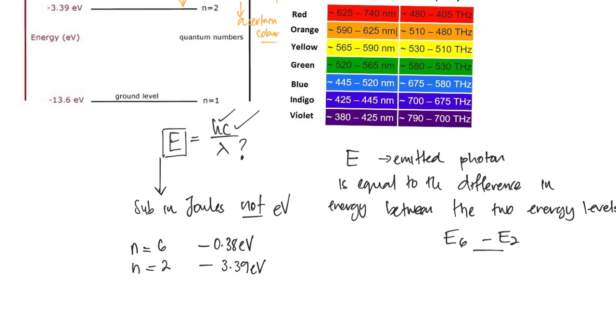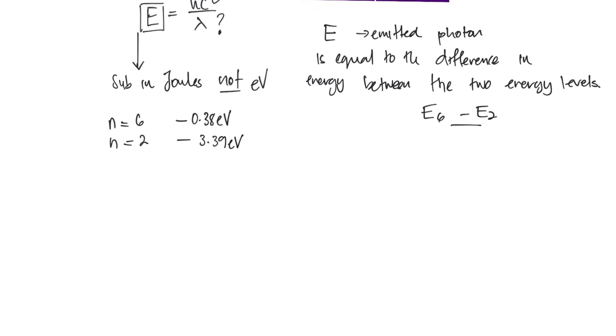So I need to do a difference sum between the two of them: negative 0.38 minus negative 3.39 is equal to 3.01. So that's in electron volts.